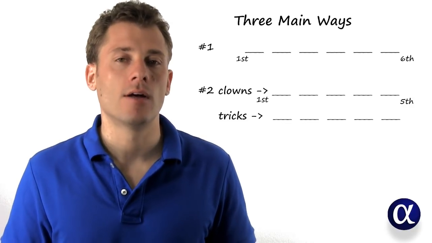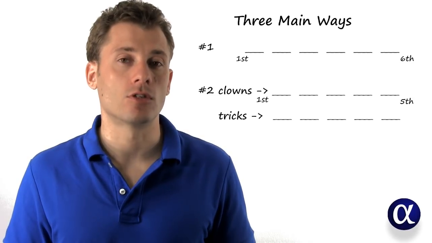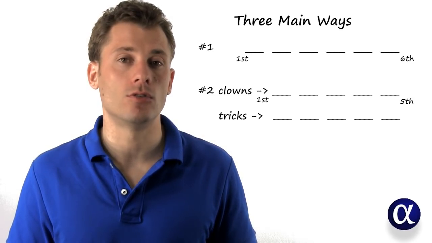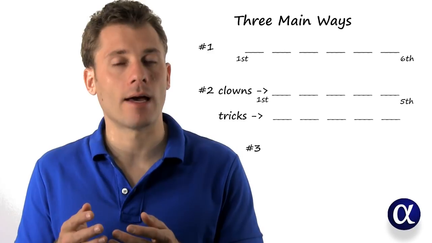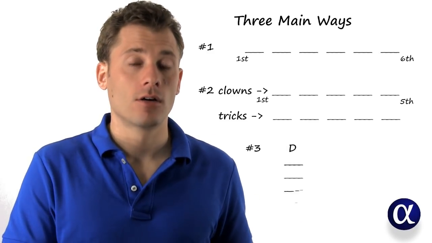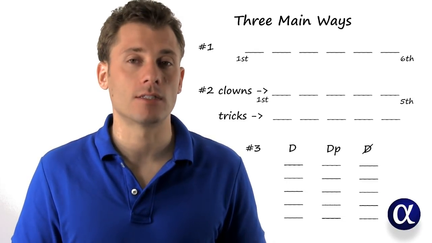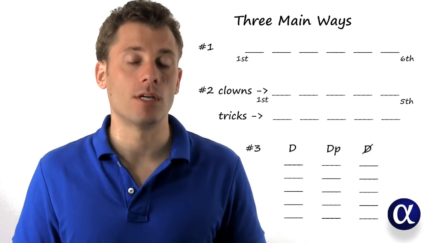Now the final way that you can lay out your placeholders for logic games is if we're putting them into groups. So we're, say, separating our clowns into happy clowns and sad clowns, or we're separating them into clowns that can drive well, clowns that can drive poorly, and clowns that don't have their driver's license. So in that case, we're creating three groups.